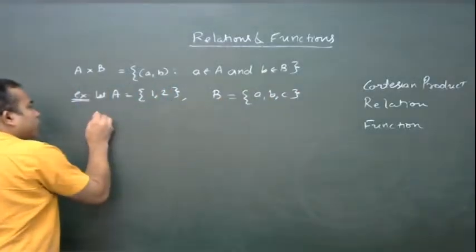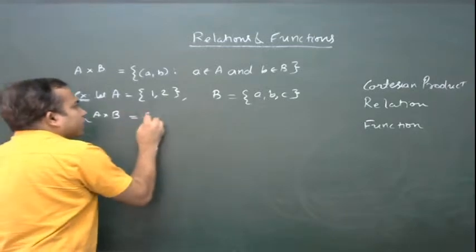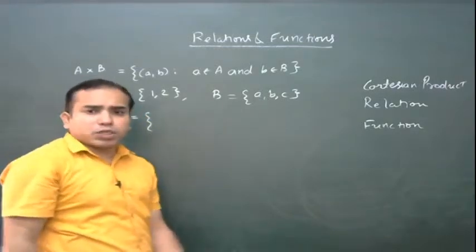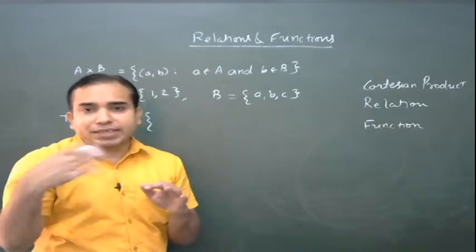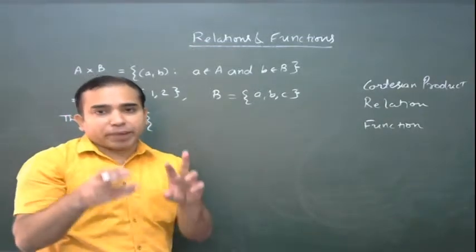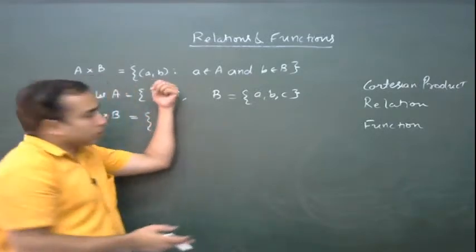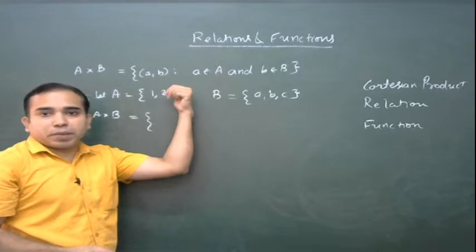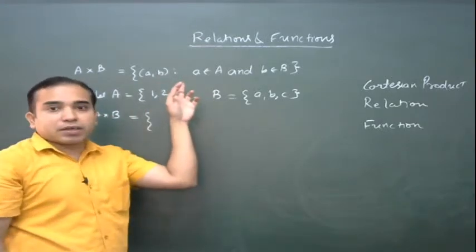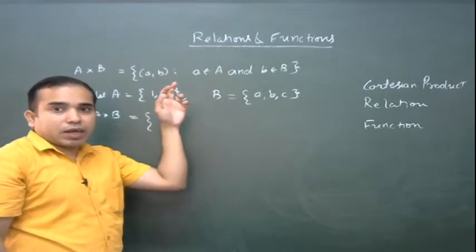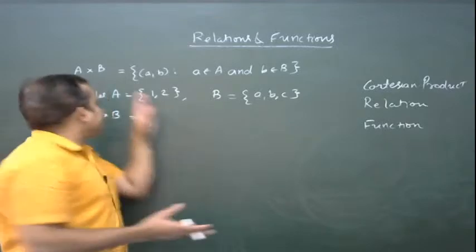Then A cross B, if you find, we have to take all possible combinations of elements of set A with set B and write them as ordered pairs. This parenthesis (a, b) is called an ordered pair, and here the first element comes from the first set A and the second element small b comes from the second set capital B.